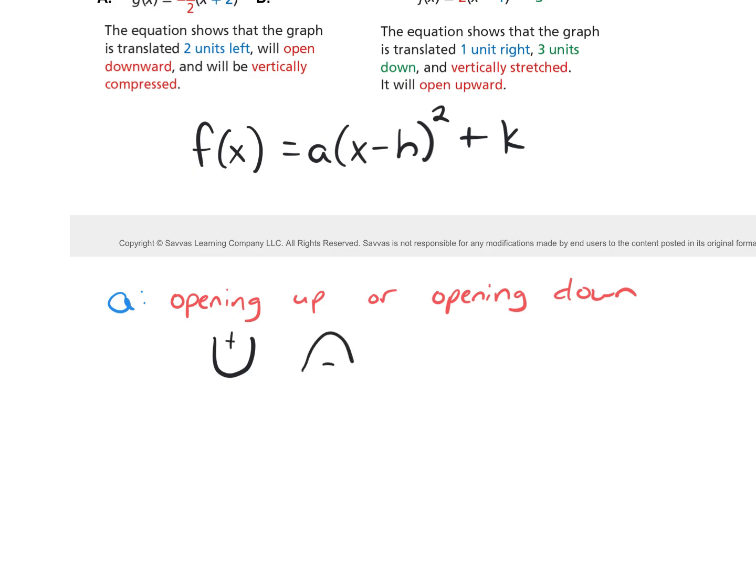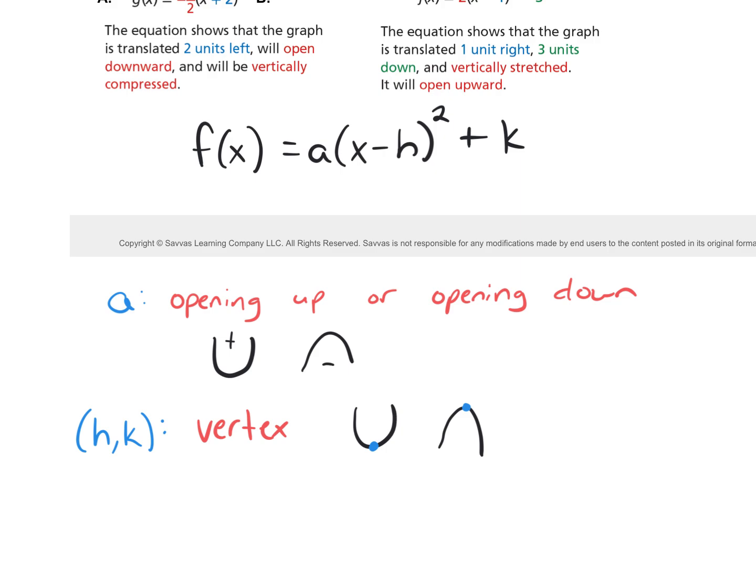If it's down, that A is negative. Okay, so that's what the A tells us. The HK, we just talked about it. That is our vertex point. So if I have this vertex here, or that parabola, the vertex is here. Or if I had an upside down one, the vertex is here.